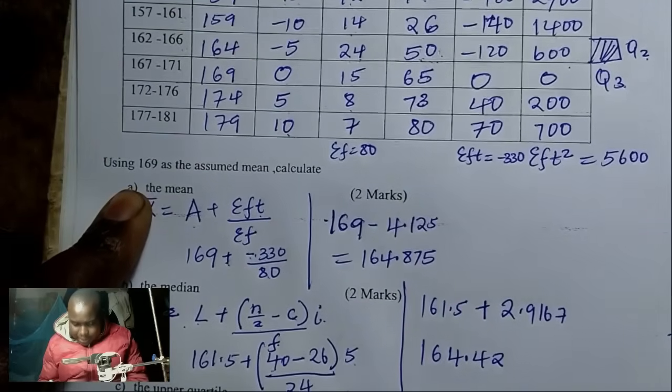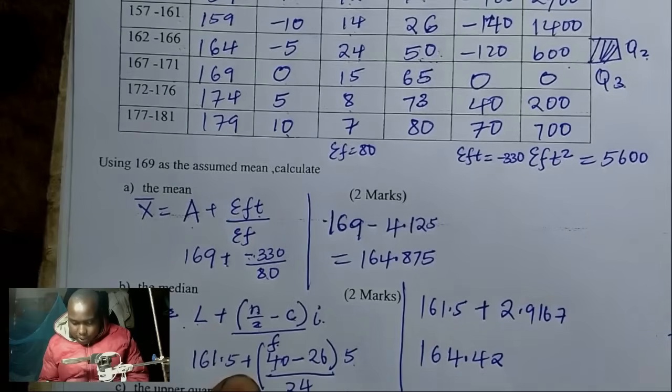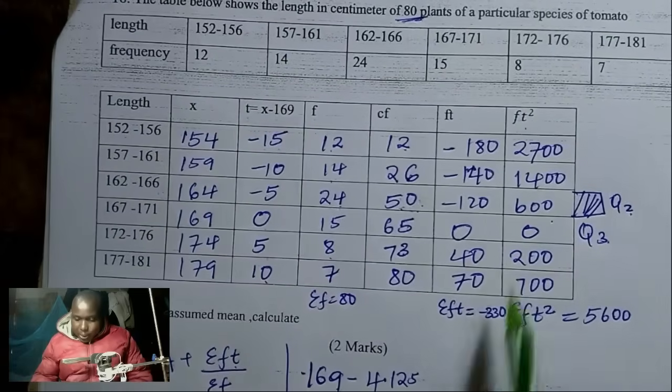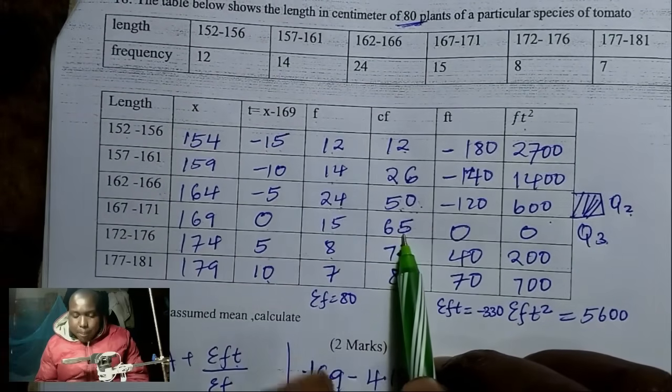Then plus 3/4 times 80 minus, actually this one is 60, minus the C. Our C, our class is here.